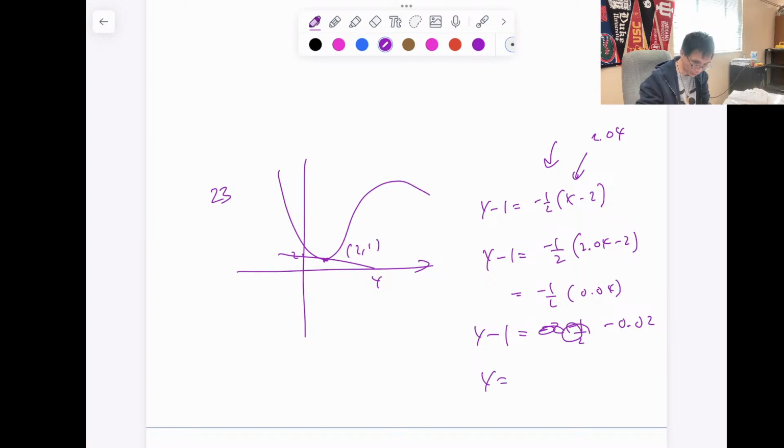So y equals 1 minus 0.02, which is 0.98. Does that make sense? Yes.